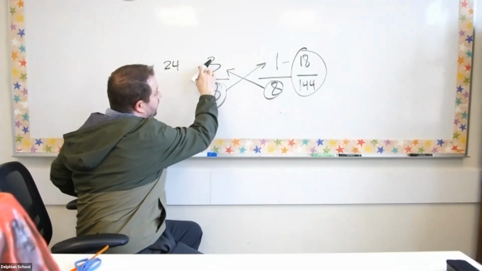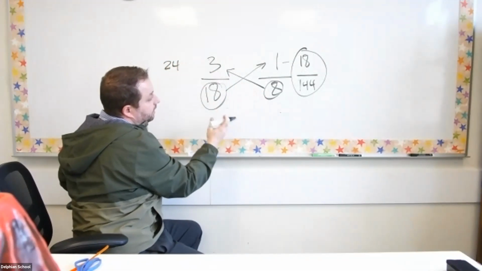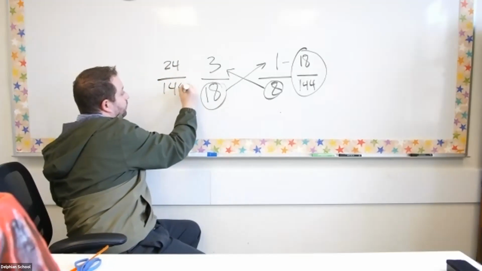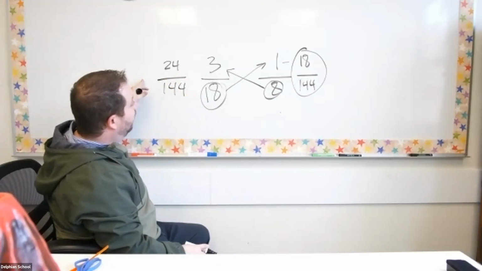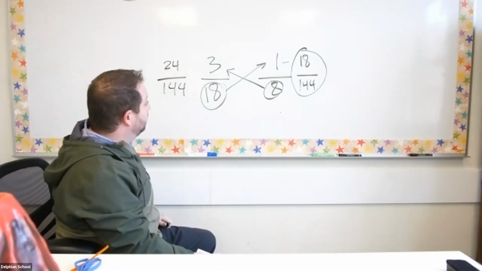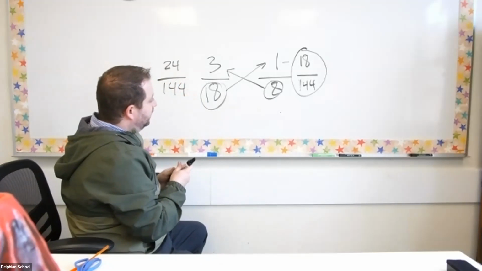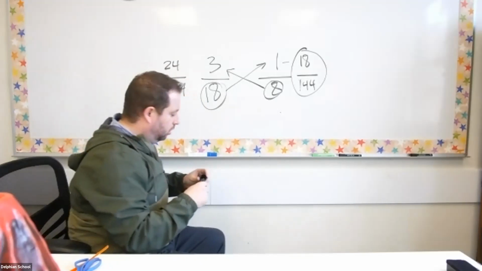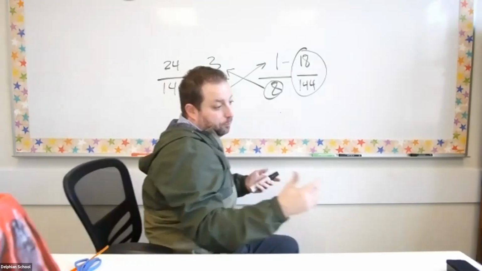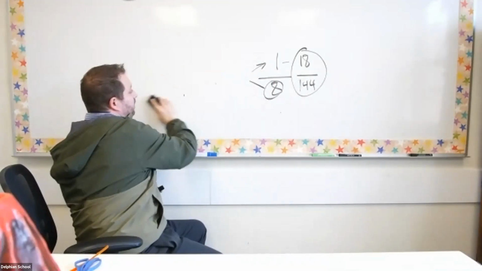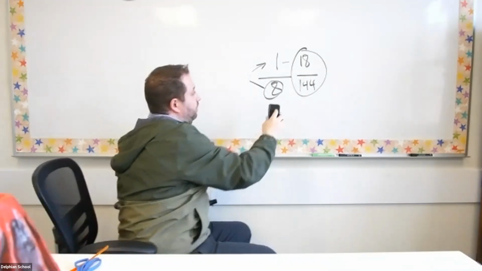And because I did that times 8, I need to do that times 8. Well, 8 times 18 is 144. So now I have two fractions. I could very easily add those or subtract those because I have common denominators. It's a really neat trick. It's usually called cross products. I'm going to do a couple more just because I think if you know this trick, you can do just about any addition or subtraction of any fractions.